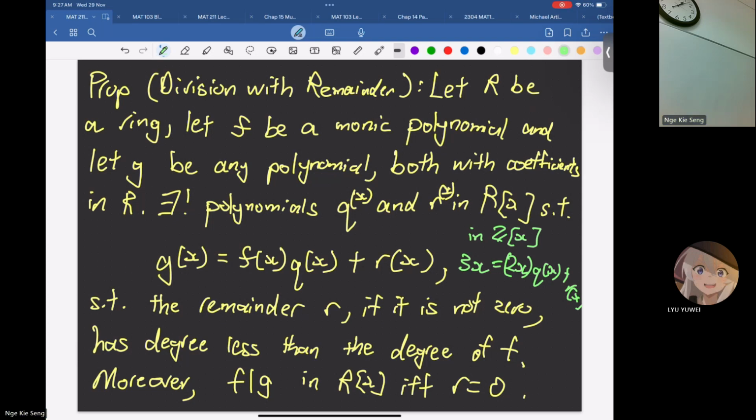Otherwise it fails. This is very important. Every word in the proposition is very important. If you throw something away, then it will no longer hold true. This remainder must have degree less than the degree of F.